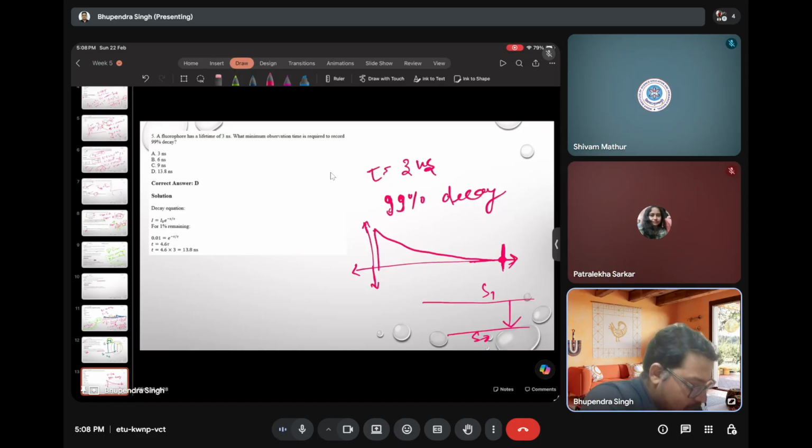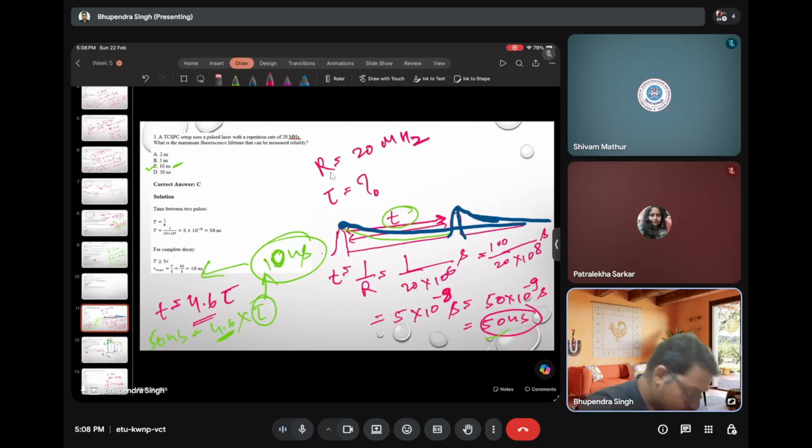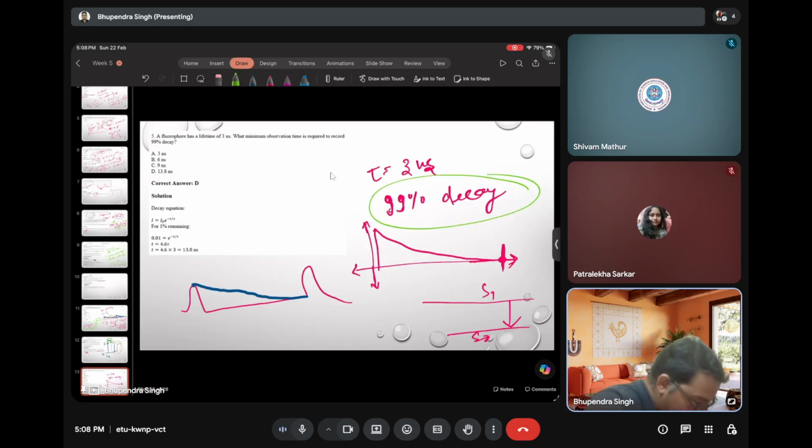I believe they are asking for the window. In the previous question I have already told. Basically they are asking about this time. Before the second pulse can come, 99% of the molecules should decay. Otherwise, your spectra will be distorted.